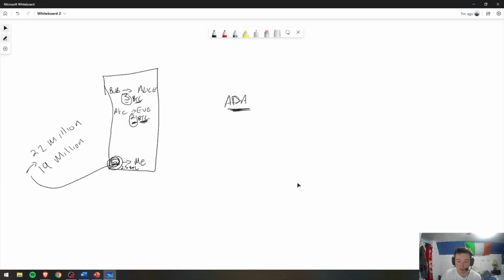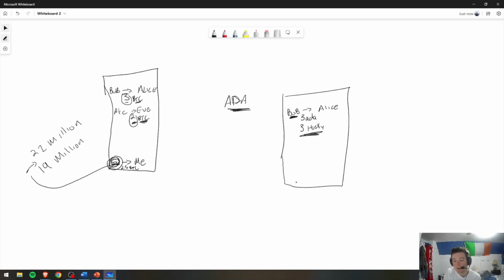So in an ADA block, you can imagine you have a big transaction here, and Bob gives Alice 3 ADA, but they could also give 3 Hosky. And what is Hosky? Hosky would be a native asset that was minted or issued by an entity on the chain, by an account on the chain. And you're allowed to do this. Anyone can do this, and then you can transact with them as well.